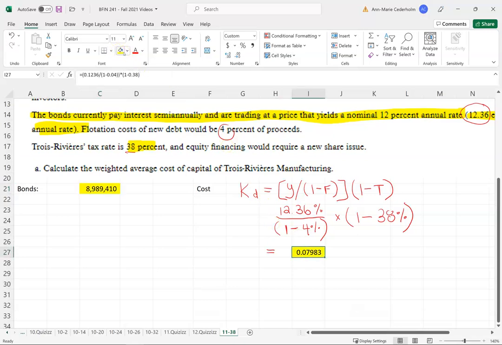So that's step 1. So now step 2, I'm going to work on the preferred shares. So I'll just probably work on this in a different color.